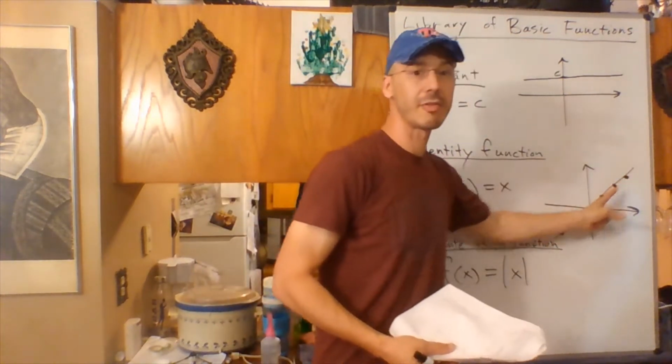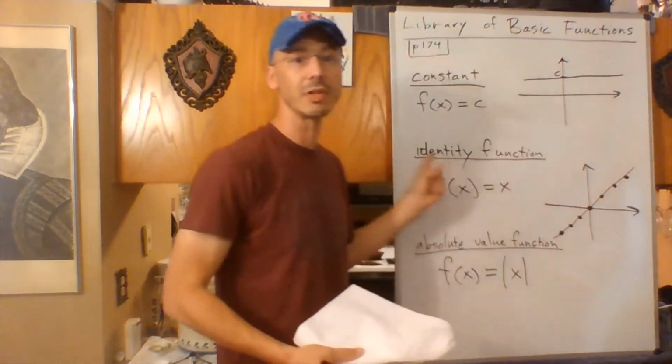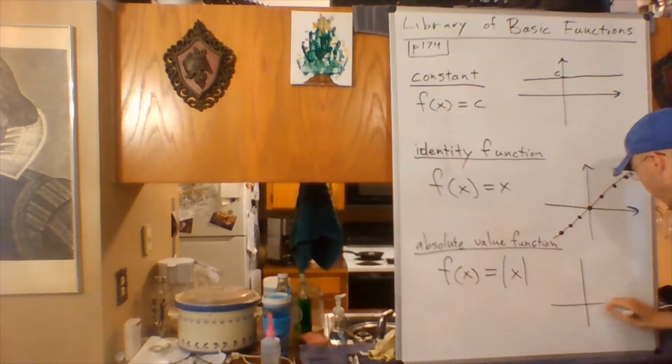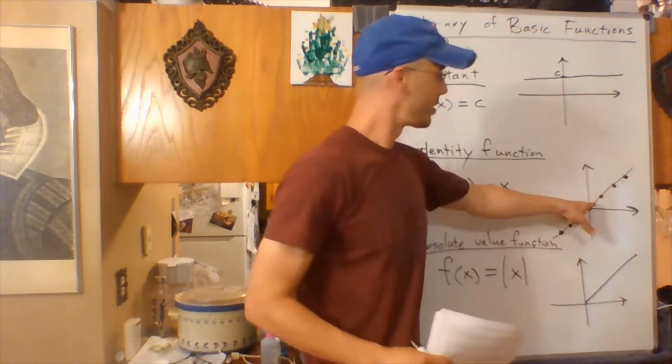That's this half of the line from the identity. Whatever you put in, you get exactly the same thing out. And that graph over to the right looks like that same shape.